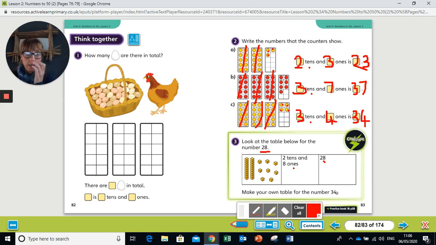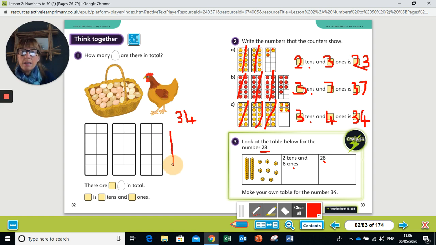So what Miss Tate's going to do, because she hasn't got a table at home for you to see, I'm going to make, will you tell me actually, how many tens would I have to make? How many whole tens would I have to make for the number 34? That's right.